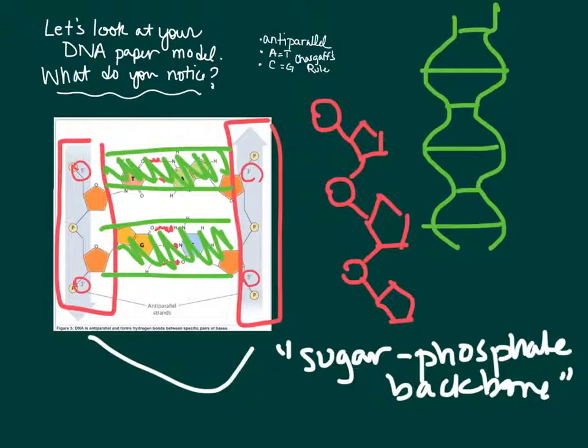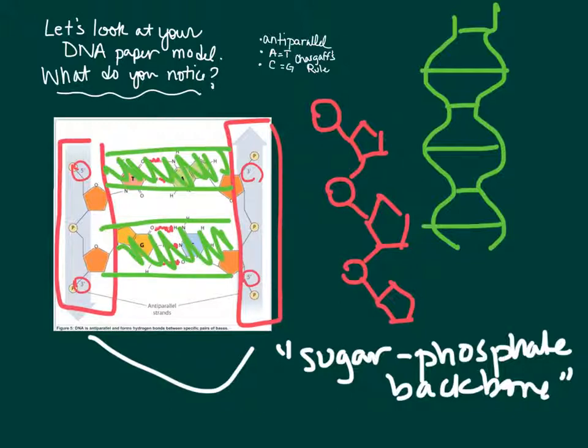Anything else we should be able to observe about your structure? A always pairs with T, C pairs with G. There's a certain number of hydrogen bonds across the middle. They're anti-parallel, so one looks upside down. Anything else about it? Are the two chains across from each other the same length?